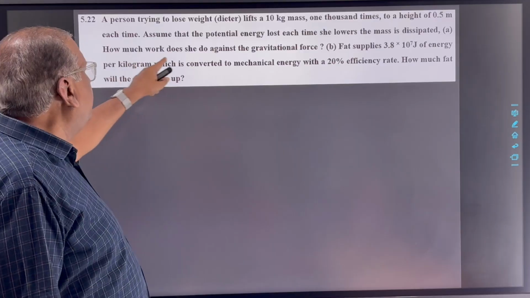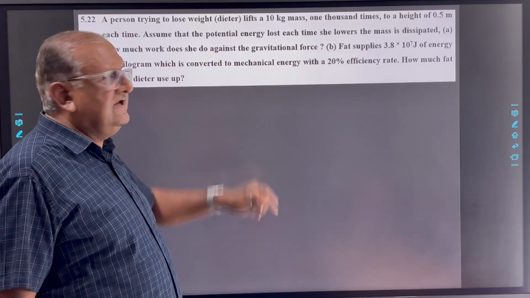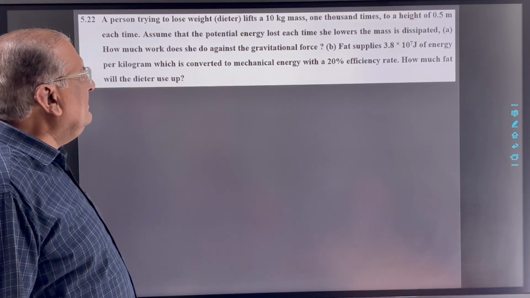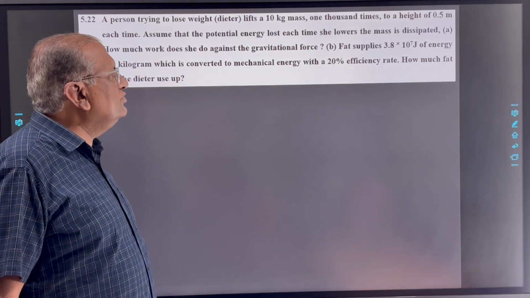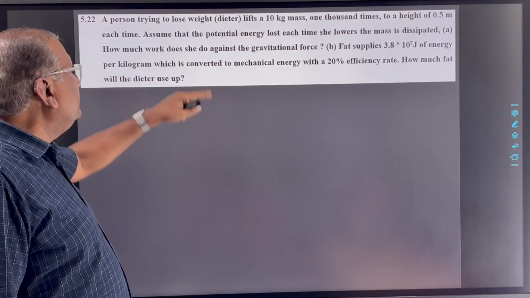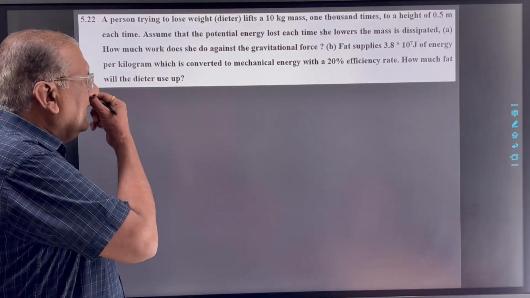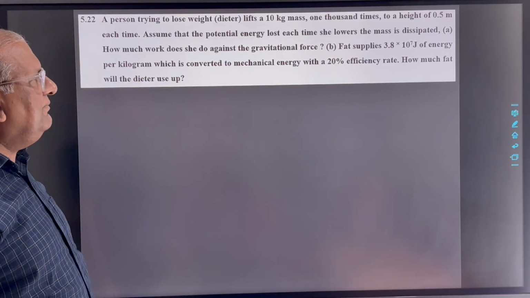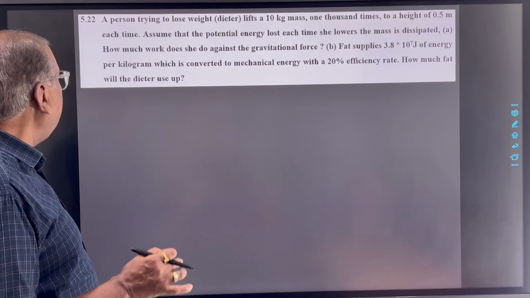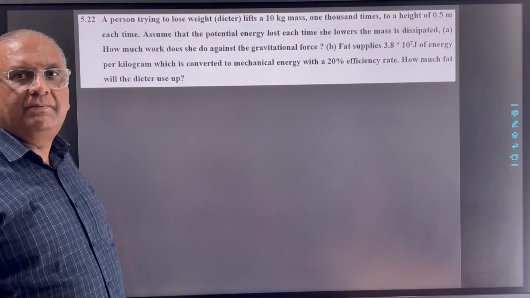Question A: How much work does she do against the gravitational force? B: Fat supplies 3.8 into 10 raised to 7 joule of energy per kilogram, which is converted to mechanical energy with 20% efficiency rate. Then how much fat will the dieter use up?